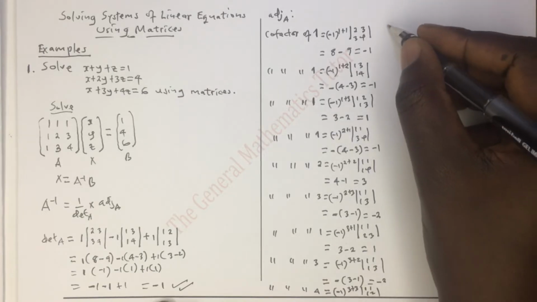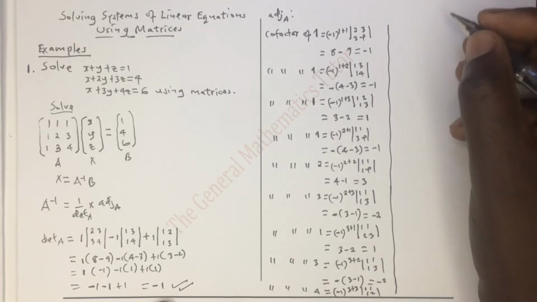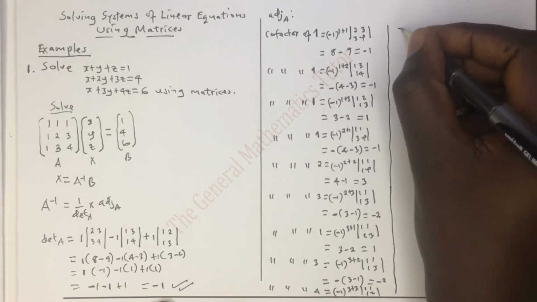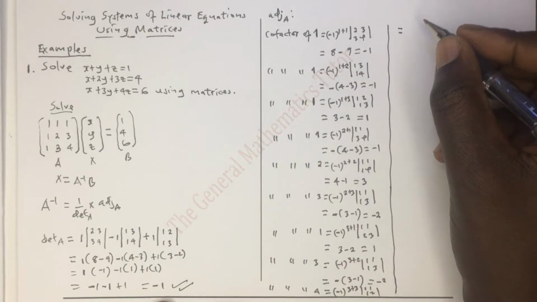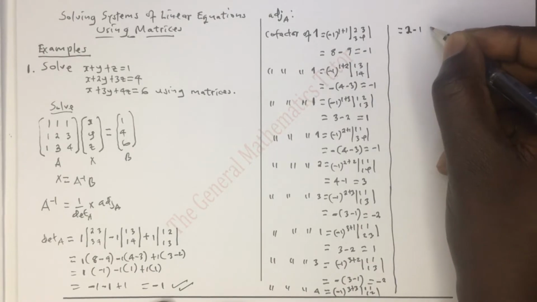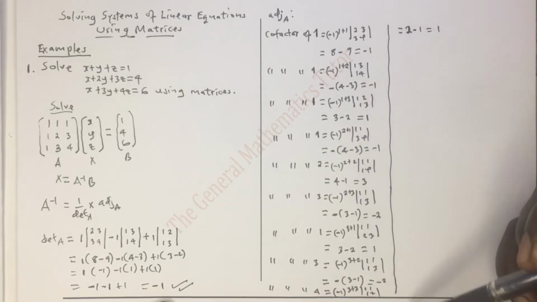So we can work out that the cofactor of 4, this is even, so it means therefore that we have a positive. So it is just 1 times 2, that is 2 minus 1, which is just 1. So now we have the cofactor of all the elements in that particular matrix.